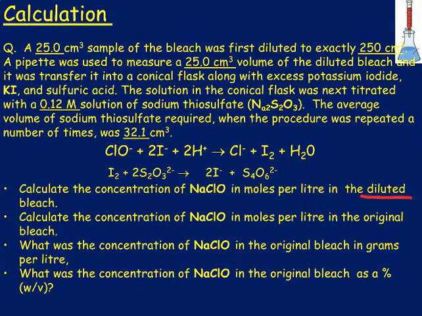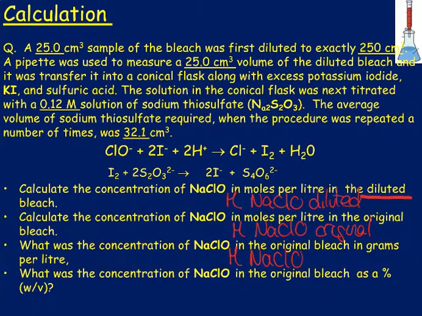So we want big M NaClO diluted, so that's the W. We then want big M NaClO original, so you're going to be using your dilution factor to find the original concentration. We are going to be looking at the grams per liter of our bleach in our original, and this last bit is the poor relation. Everyone forgets it, but it's so important.